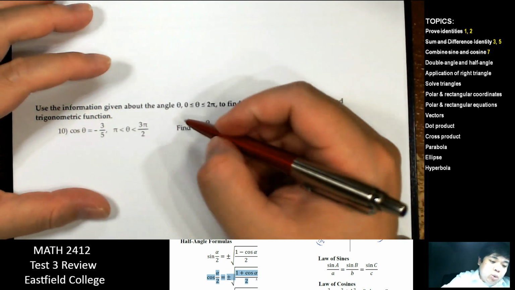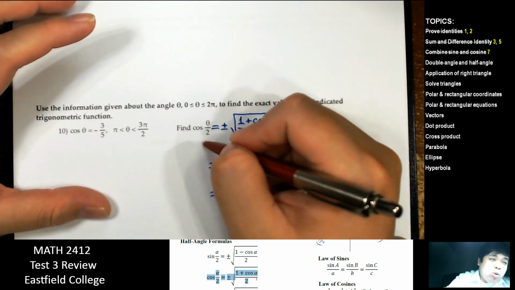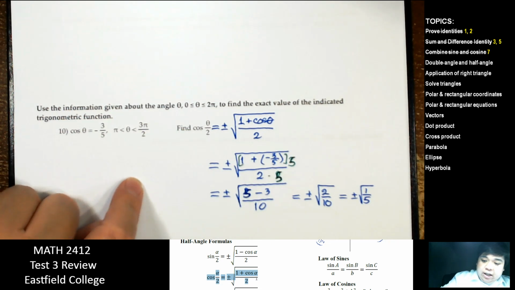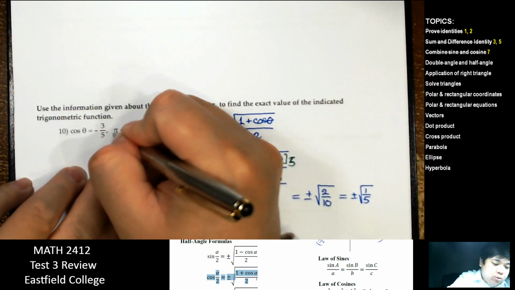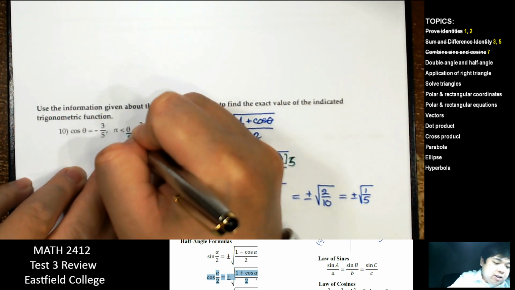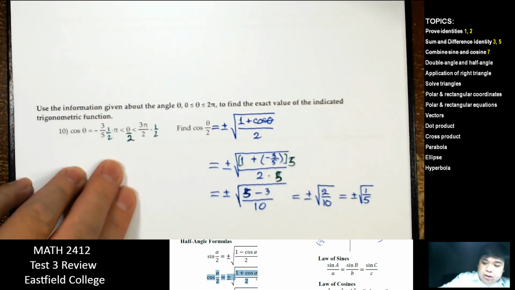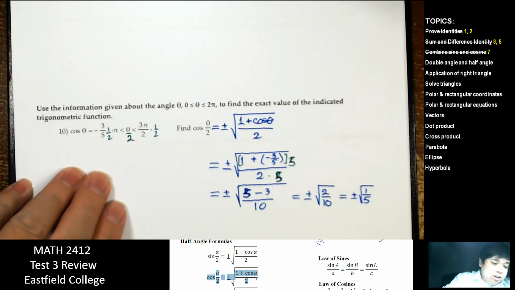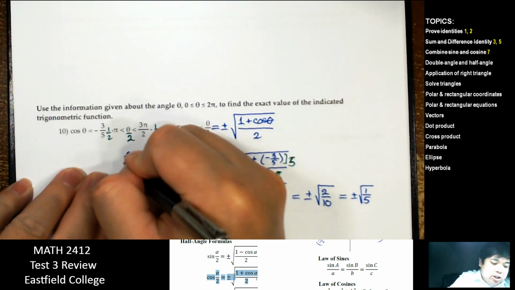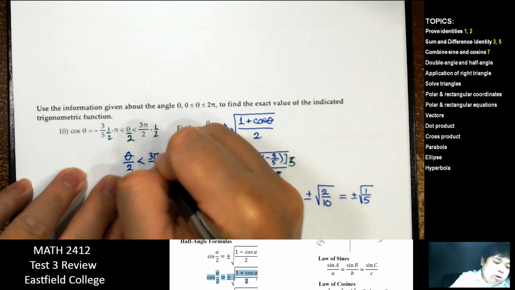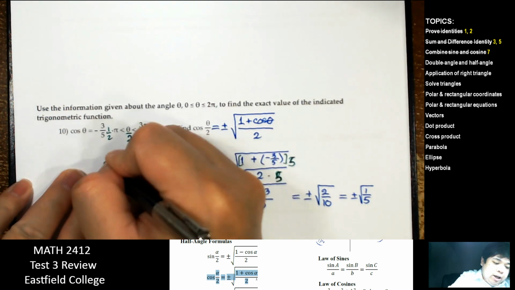The only thing we need to determine is whether it's positive or negative. To do that, we need to see what quadrant alpha over 2 is. We have alpha is between these values. Now we divide everything by 2, or multiply by 1/2. We will have that alpha over 2 is less than 3 pi over 4 and greater than pi over 2.